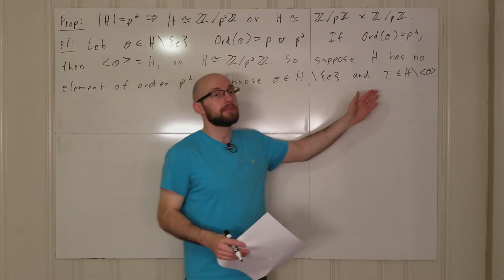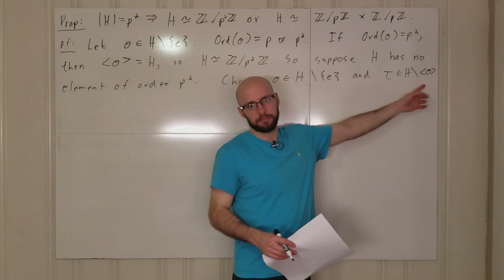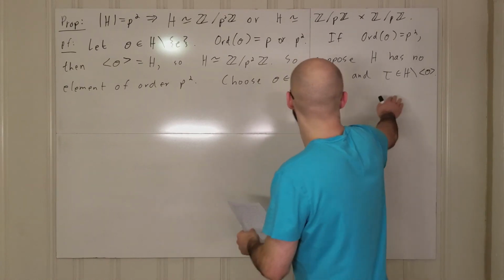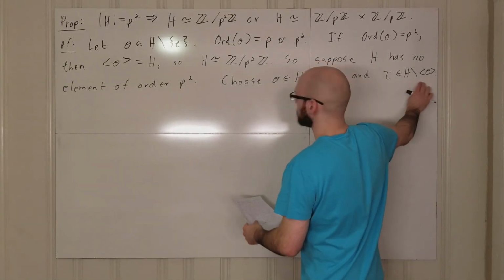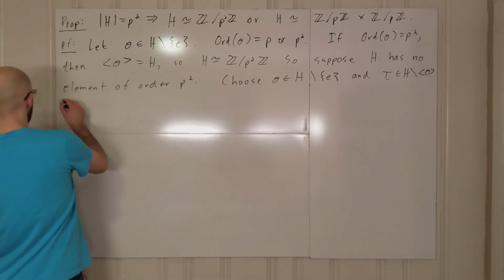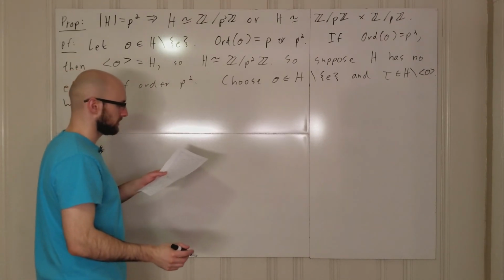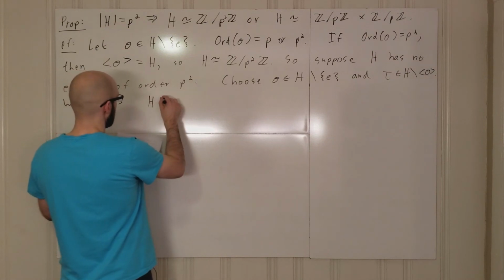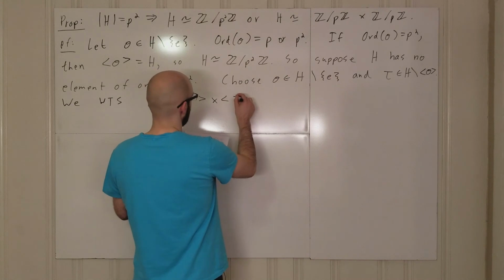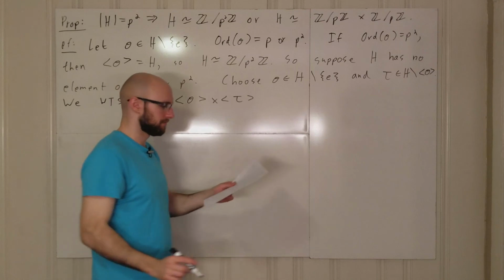Of course, tau is not going to be trivial either, because the subgroup generated by sigma contains the identity. We want to show that H is isomorphic to the direct sum of these two subgroups, the one generated by sigma and the one generated by tau.